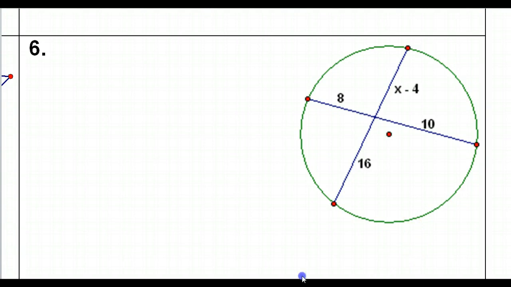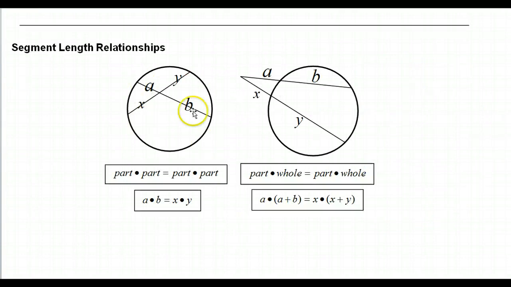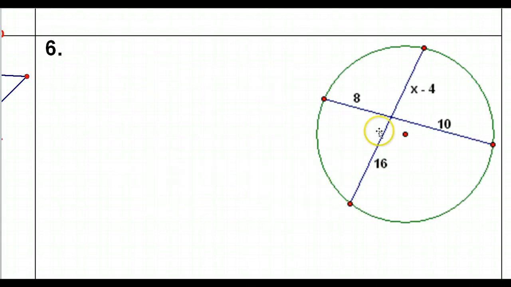Same scenario as before. No, not the same as number 5. But this is back to this situation. All the segments inside. So part times part equals part times part. So it breaks down like this.